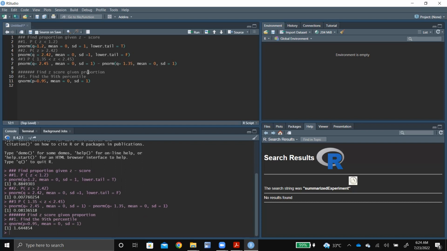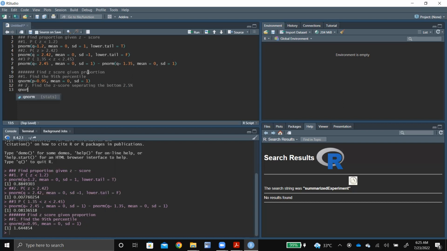Now, how about finding the z-score separating the bottom 2.5 percent and the top 2.5 percent? Let me do this step by step. Find the z-score separating the bottom 2.5 percent. Bottom 2.5 percent means I'm going from the left to the right, so I still have to use the lower.tail equals TRUE option.